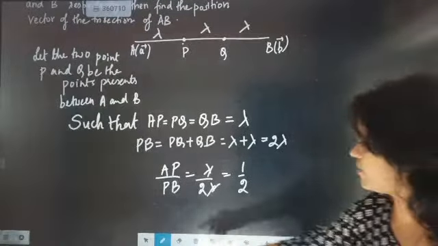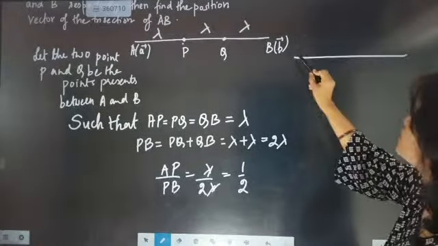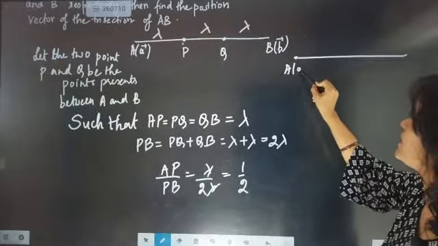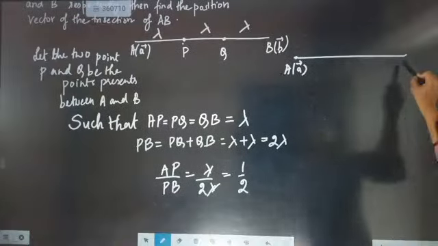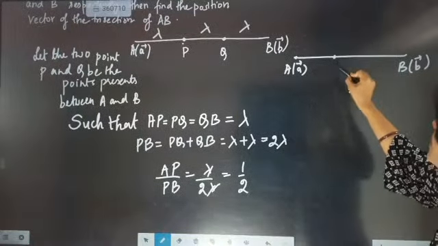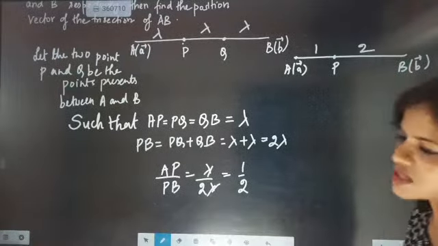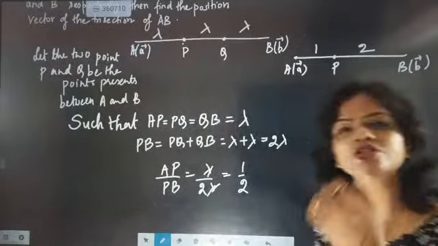So ratio came. So now first point is, I am not going to draw this one again. I am just going to draw A vector, and exactly I am going to draw B. B is coming as B vector, and this is point P, and this ratio is coming as 1:2. Now it is easy for us to get this point.